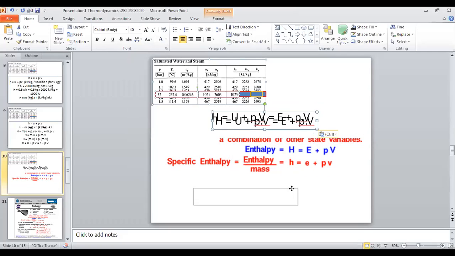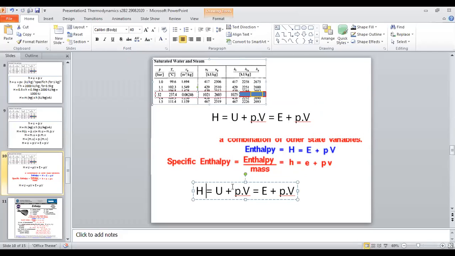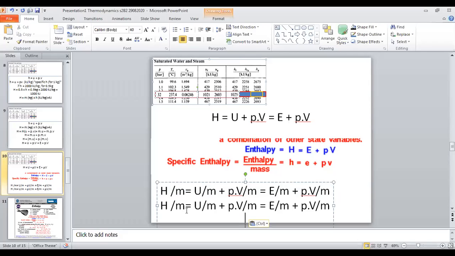If you work in reverse, enthalpy divided by mass is U by M plus PV by M, or E by M plus PV by M, all the terms divided by M. Then H by M becomes small h, U by M becomes specific small u, E by M becomes small e, and V by M becomes small v.